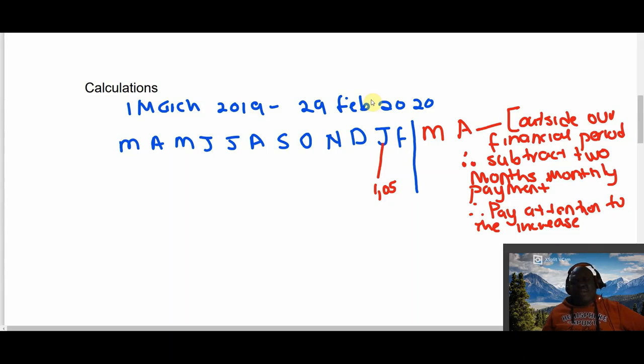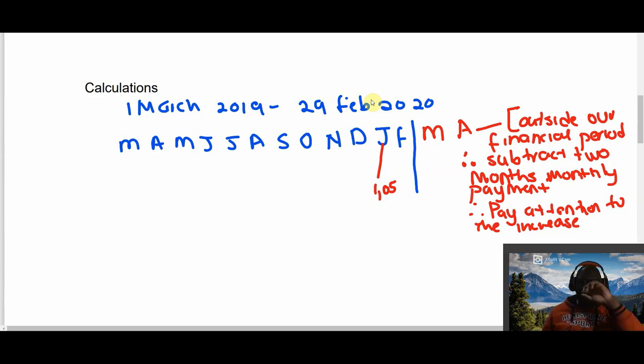If you take 105 divided by 100, you will get this number that I've got here. So we want to check for how many months were we paying rent at 100%.